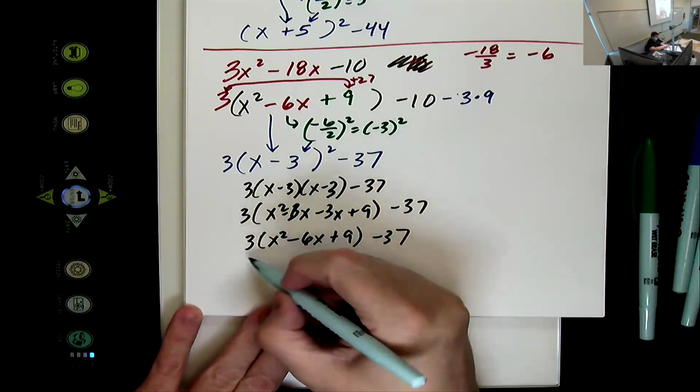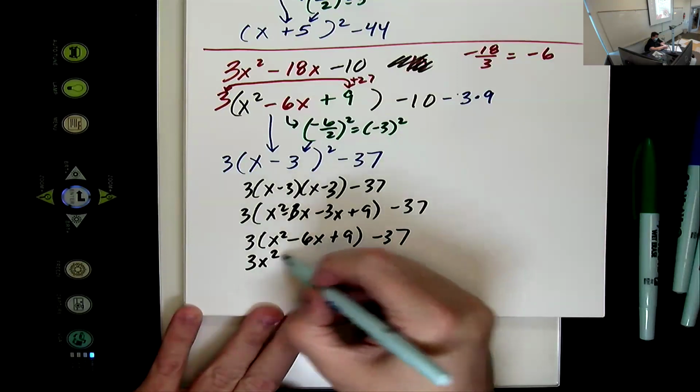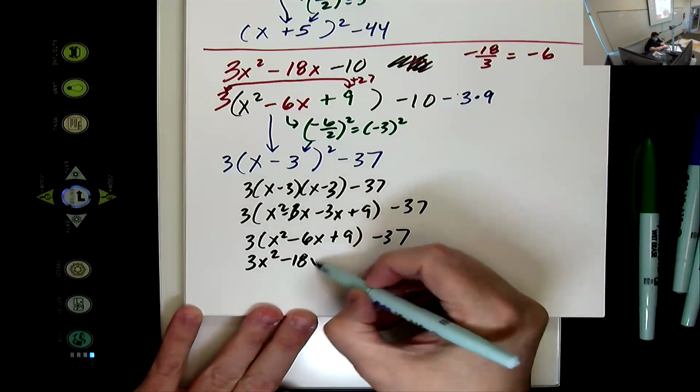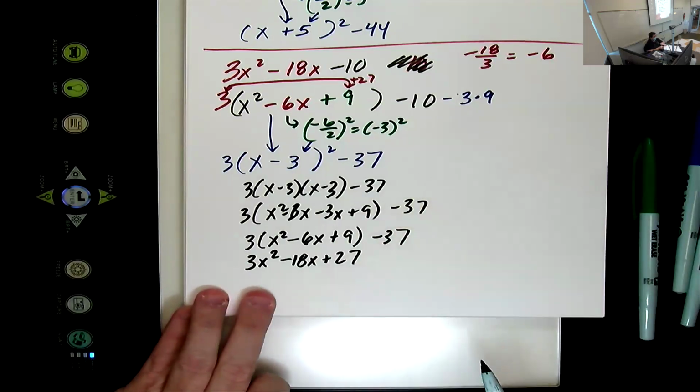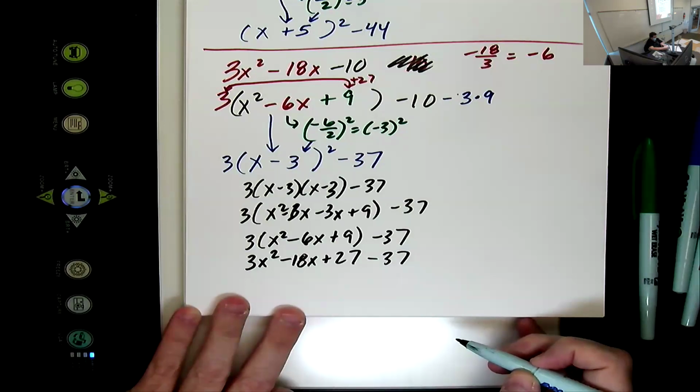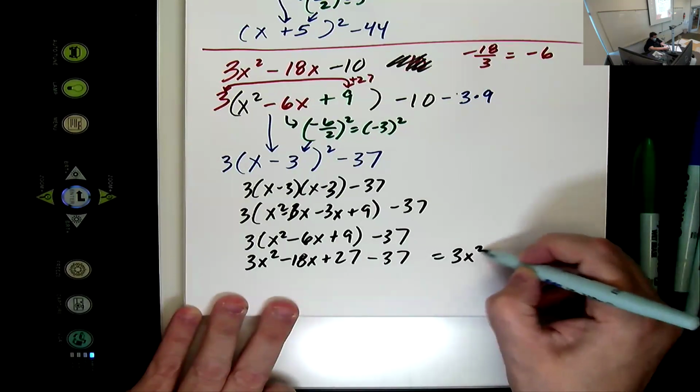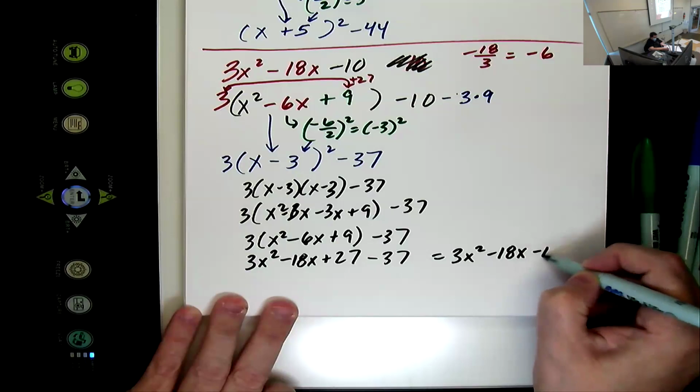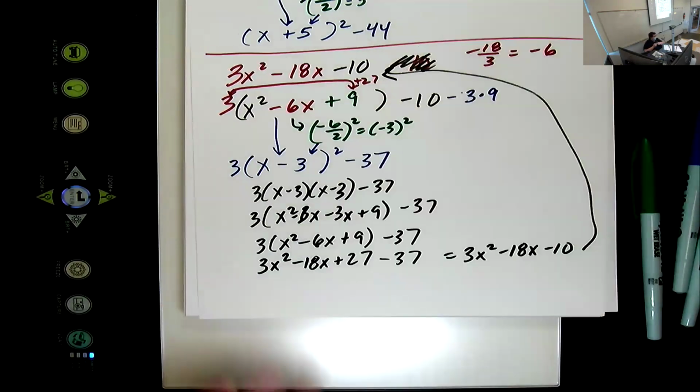I'll distribute, and if I combine it back up, I see I got the right thing I started with. So if you're doing this on a test and you don't know that you did it right, just multiply back out on scratch paper and make sure. You should get what you started with if everything went right.